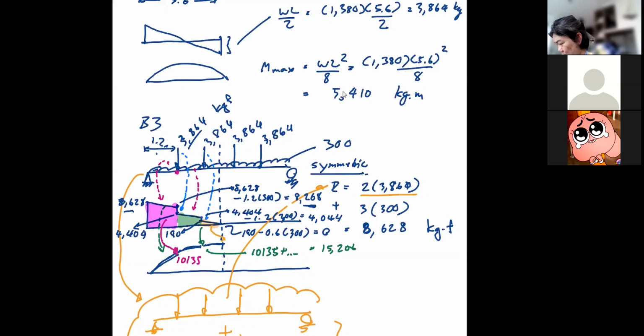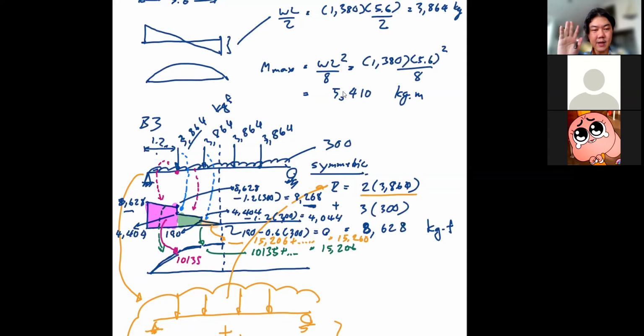This maximum moment is 15206 plus the orange triangle, which is equal to 15260. Okay, so that's how we can use the area of the shear force diagram to calculate the moment.